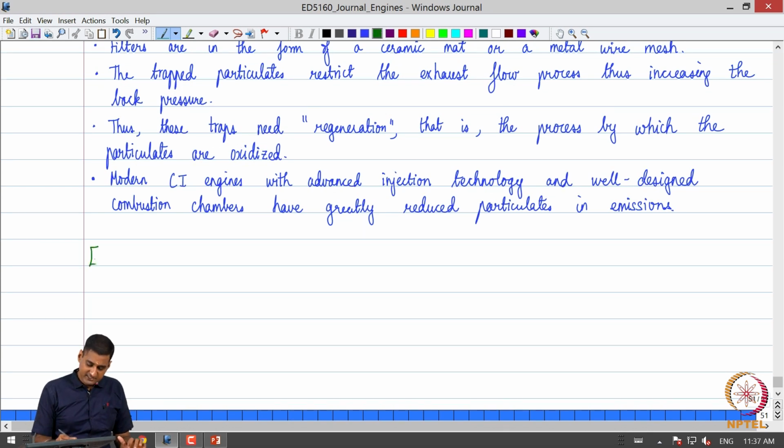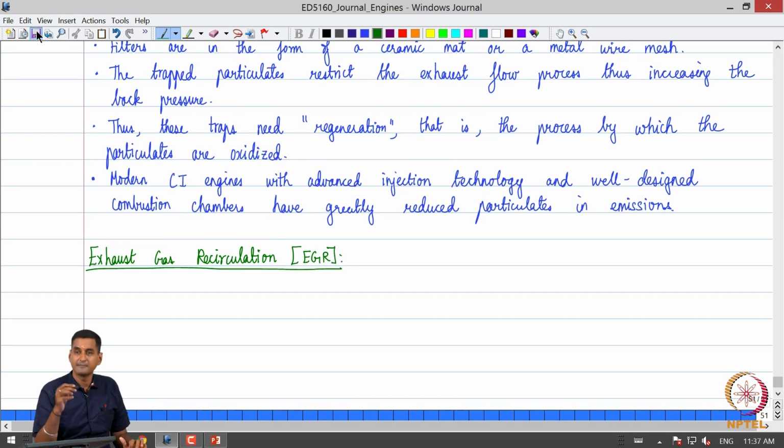So, the next technique which is used to reduce NOx in engine exhaust is what is called exhaust gas recirculation, EGR. So, what is this exhaust gas recirculation?